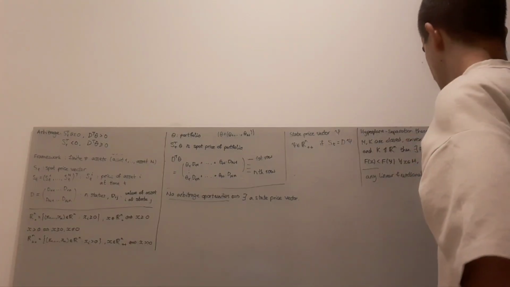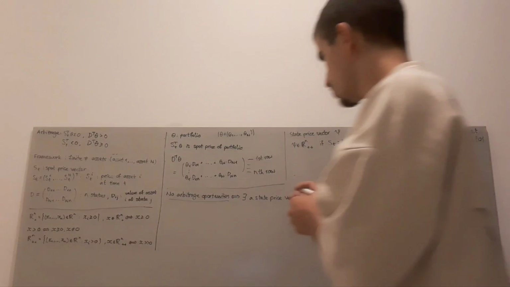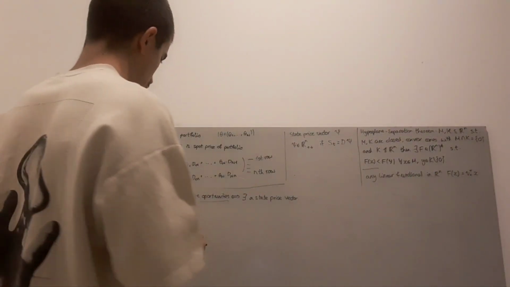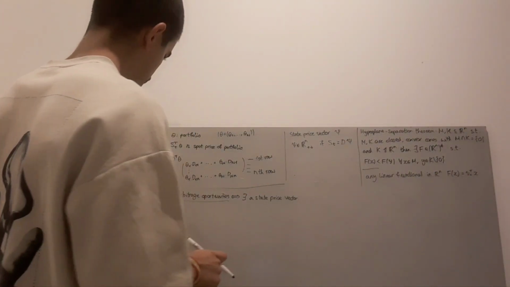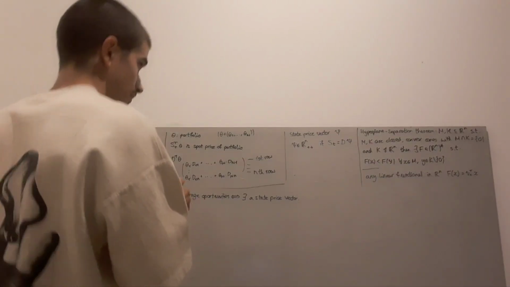These are the two theorems we're going to be using to prove this theorem over here. Okay, now let's get straight into it. We're going to start by defining M and K to be the following things.